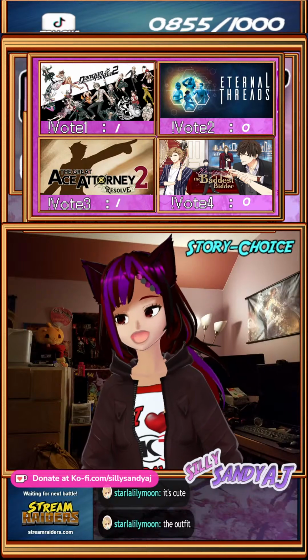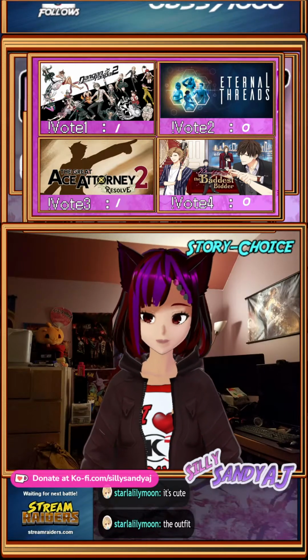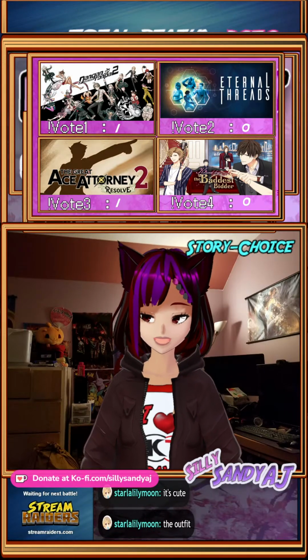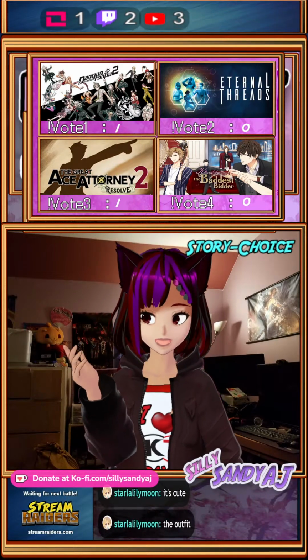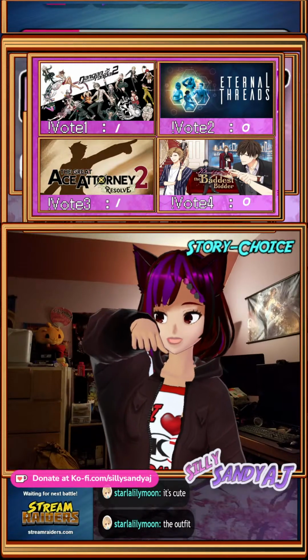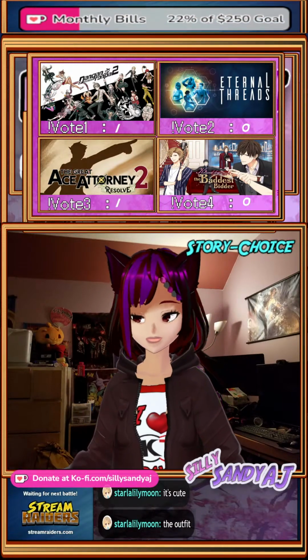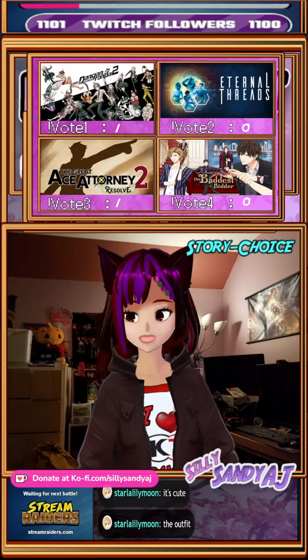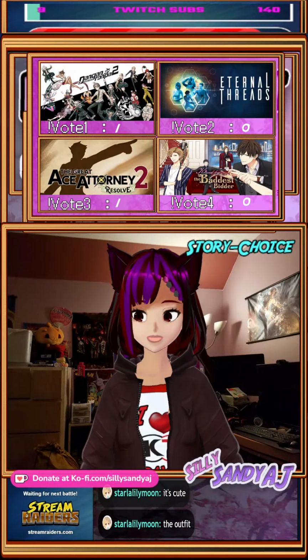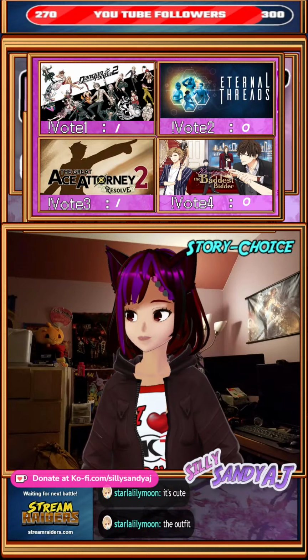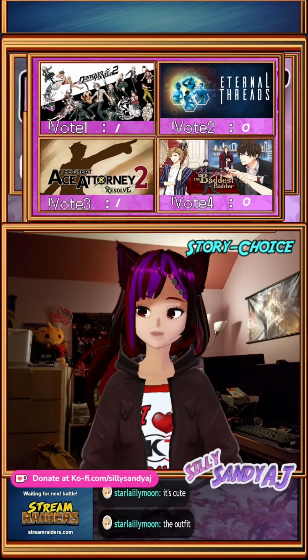I have not made any outfits for my new model yet. Outside of this one and the black blue shirt, those are the only ones I made. And even this one I still need to fix because you see there's tearing going on in here. I just haven't had time to do anything. But so far we're at a tie, so we need some more people to vote. More votes, please.